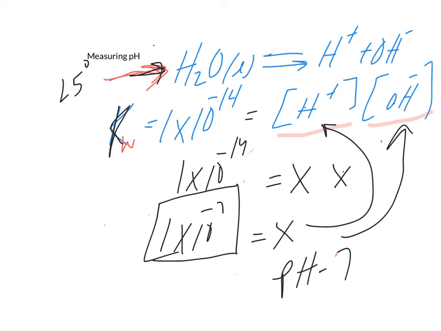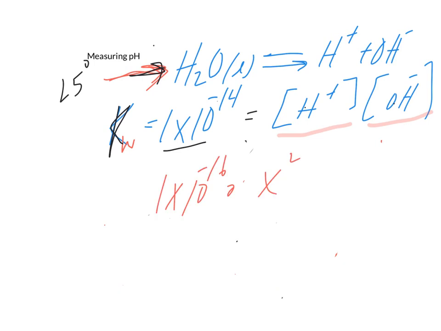Technically, if you change the water temperature, the equilibrium constant for water will change, and that will actually change what the pH is. For example, let's say at some weird temperature, the equilibrium constant for water has changed from 1 times 10 to the minus 14, which is normal, to 1 times 10 to the minus 16.